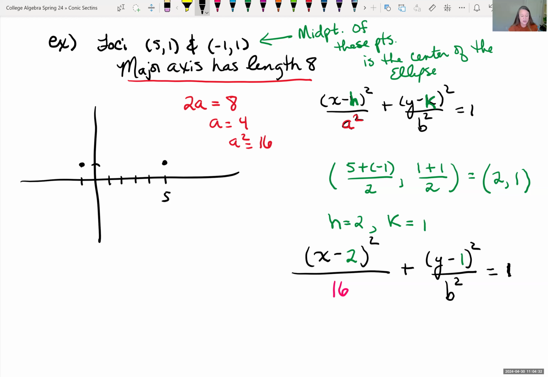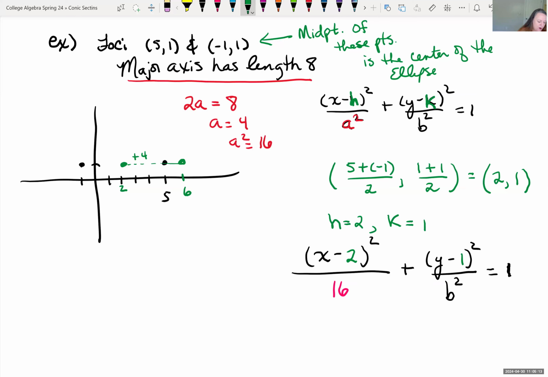So if we don't have a value, one way that we can find that is if you're given a point on the ellipse. I'm not given a point on the ellipse, but I can find that point on the ellipse because I know my center, again, is 2, 1. So let's just plot that real quick, 2, 1. But I also know that if I add, because my a value is 4, so if I add 4 from 2, that would get me up to 6.